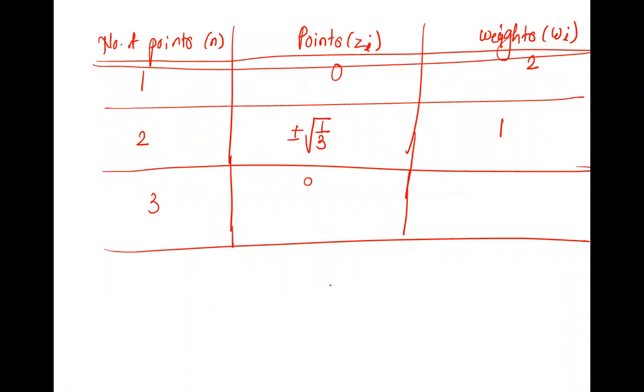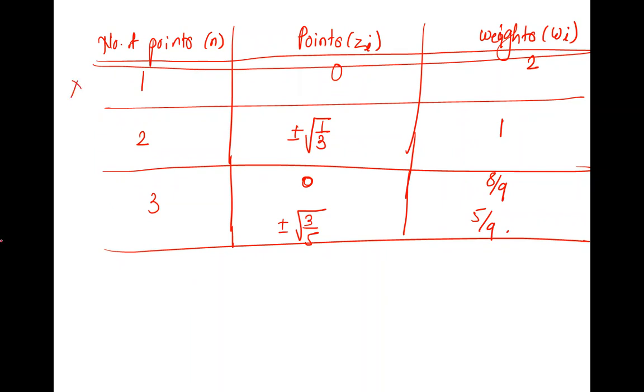So what are Z1, Z2, Z3? Z2 is 0, while Z1, Z3 are plus minus root 3 by 5. And for Z2, the corresponding W2 is 8 by 9. So for 0, it is 8 by 9. And for both plus minus root 3 by 5, it is 5 by 9. So you have to remember this step.